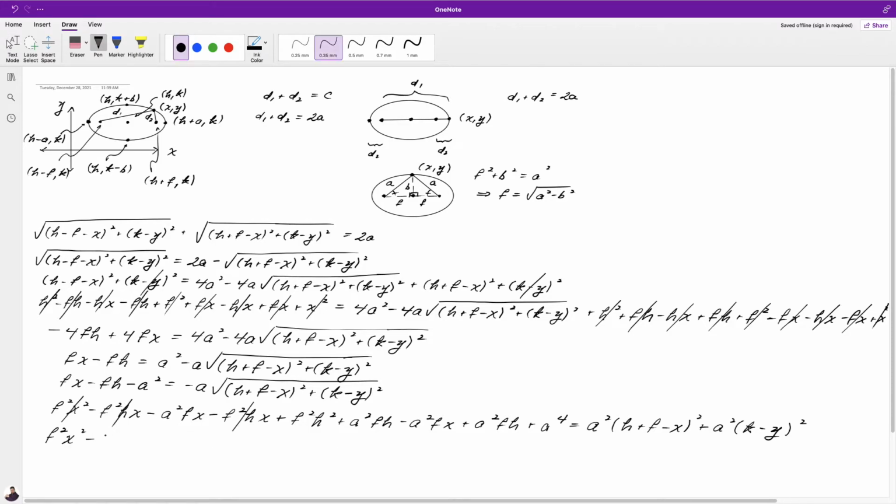That's going to give us negative 2 f squared hx. Okay, we've got negative a squared fx and negative a squared fx. That's going to give us negative 2 a squared fx. We've got now an f squared h squared all by itself. And we've got a 2a squared fh. And then, of course, we've got a to the fourth here.